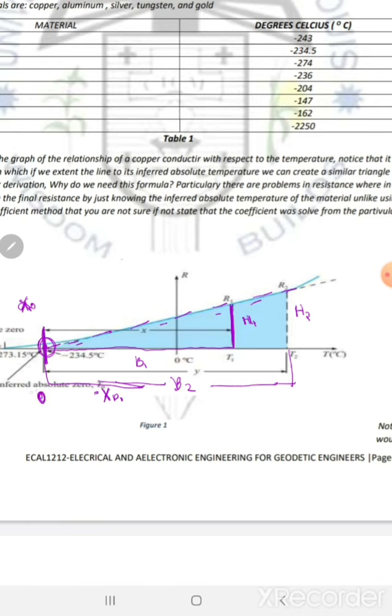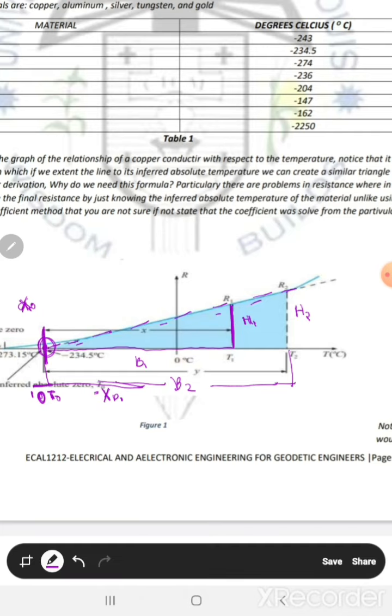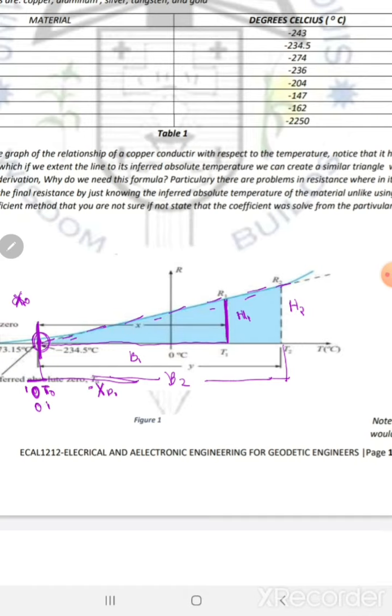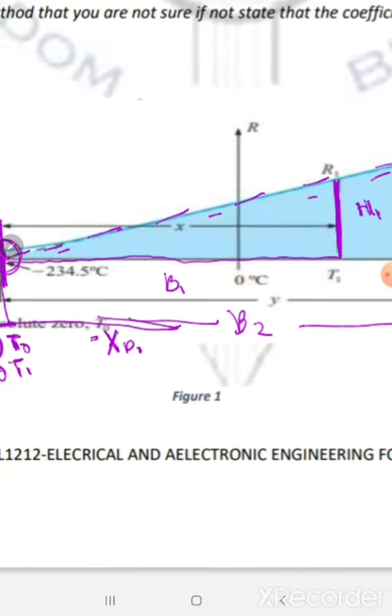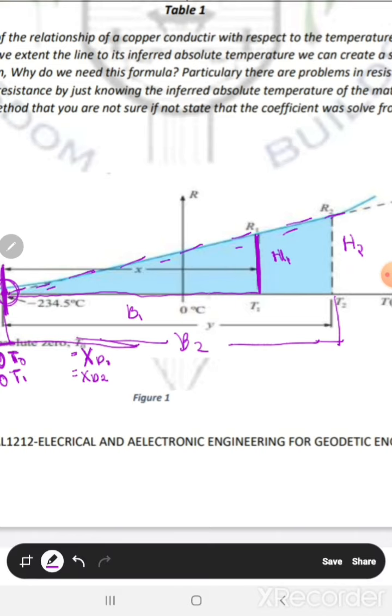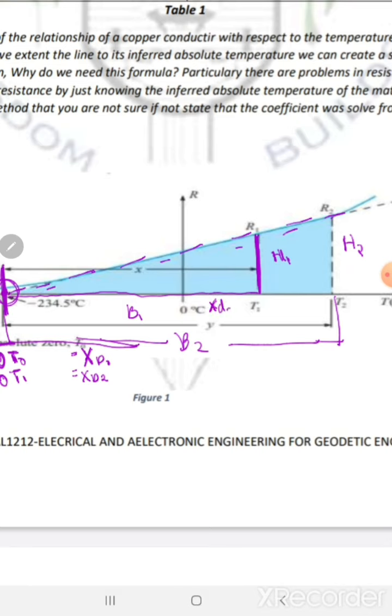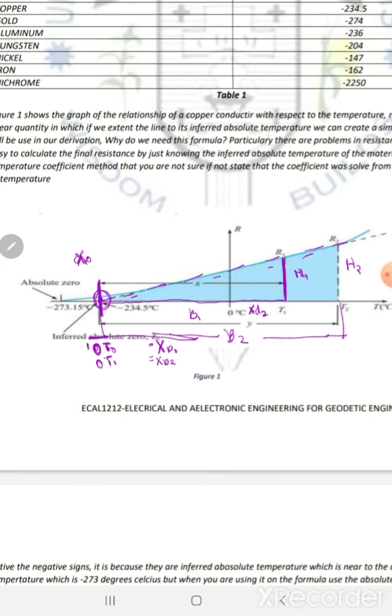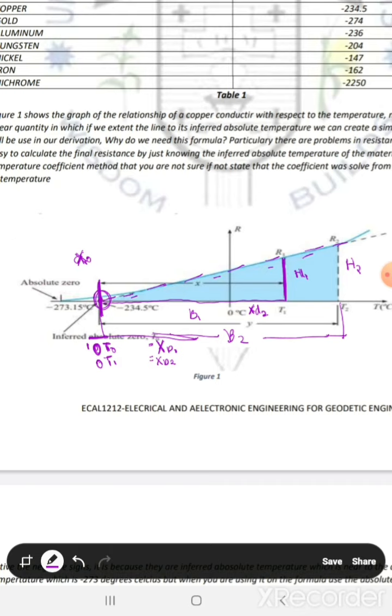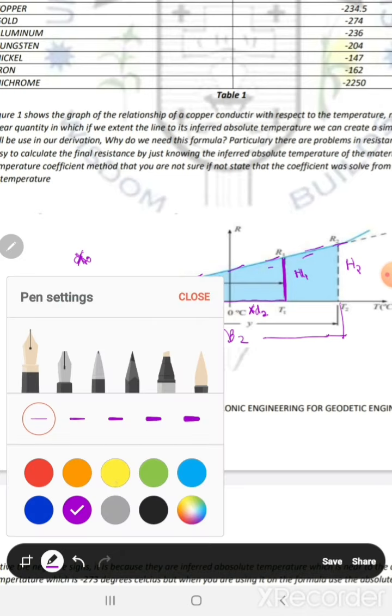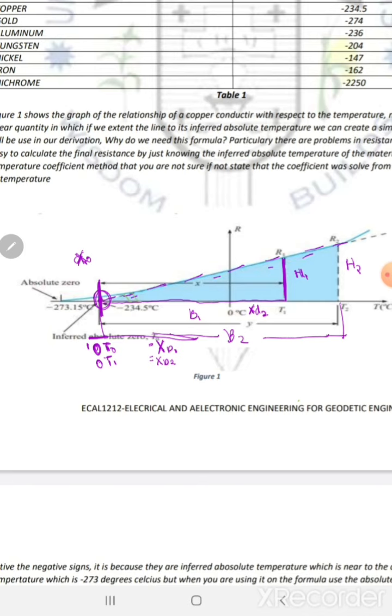Then from 0 to T1, let's say this will be your X distance 2. Then, since this is your XD2, let's say the whole distance of this triangle, your triangle 1, is this.